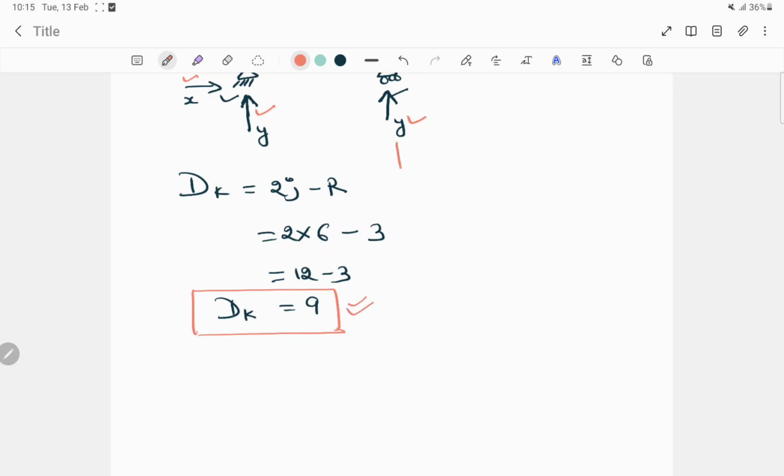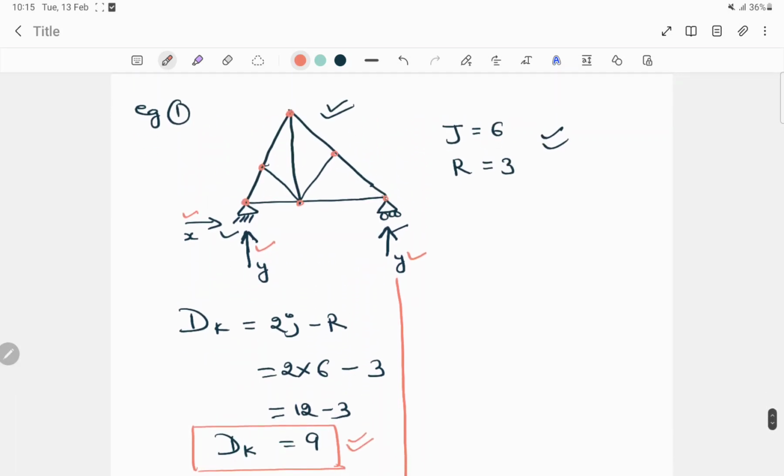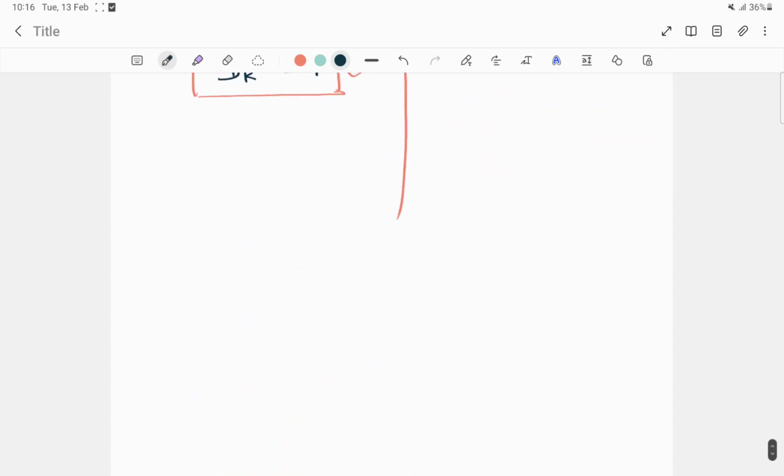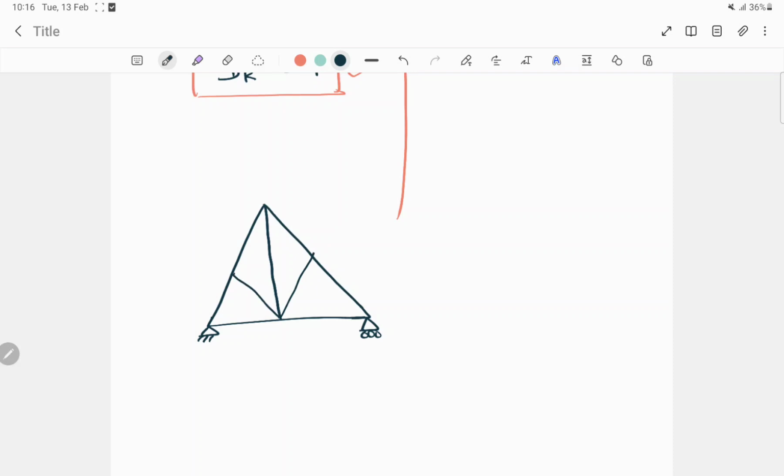We have an alternative way of finding the dk value here. I'll redraw the truss again. This is the truss which is given in the question. We'll divide this truss and the supports.